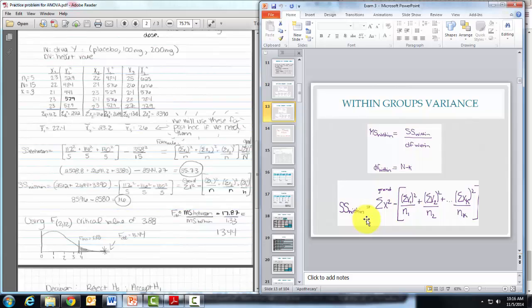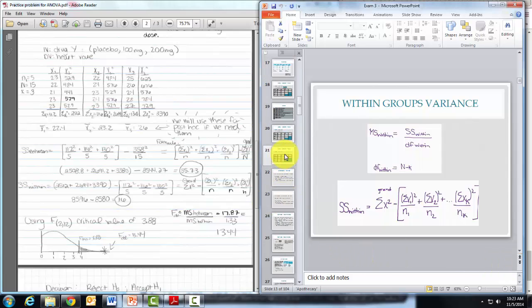For this one, we start with the grand sum of x squared, and then we're going to subtract the total value of the sum of x squared over n1 plus so on and so forth. We have just worked with this value right here. What goes inside these brackets is the same as what we did with sums of squares between. This number, though, is a new number.